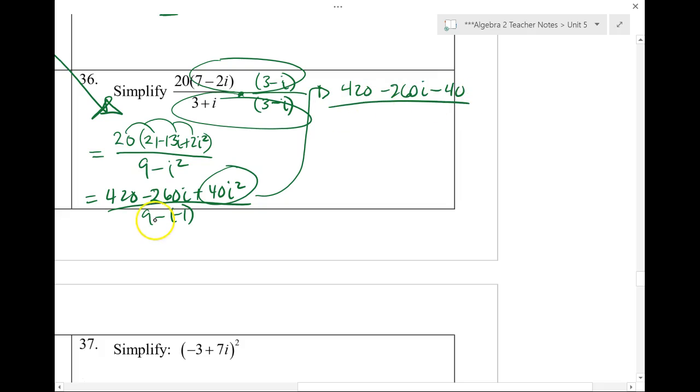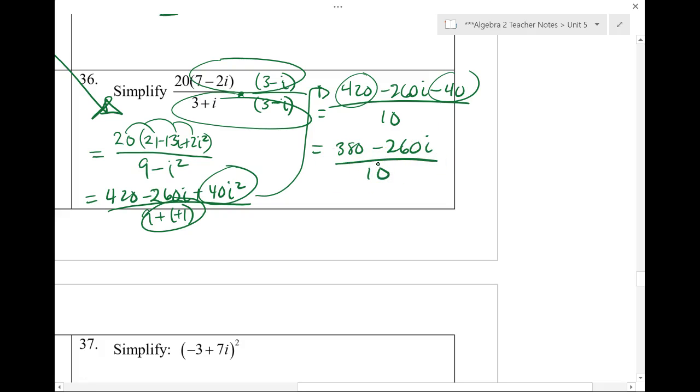And then the bottom over here, 2 negatives become positive, so that becomes 10. And now we're going to combine like terms on the top. 420 minus 40 will be 380, minus 260i. And we're almost there.